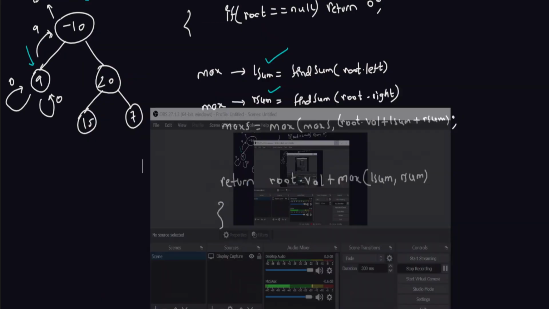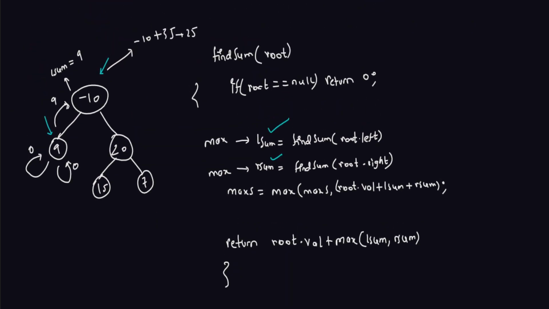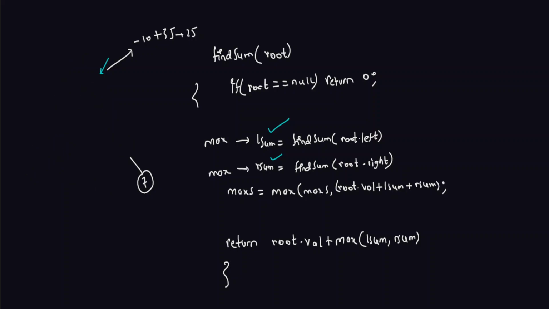Yeah, it's recording. So I'm here. Now we had to keep a max variable. So let's again traverse this tree so that we will be able to find the value again.